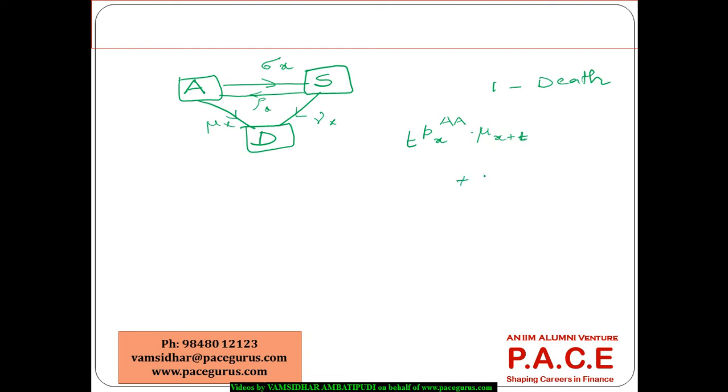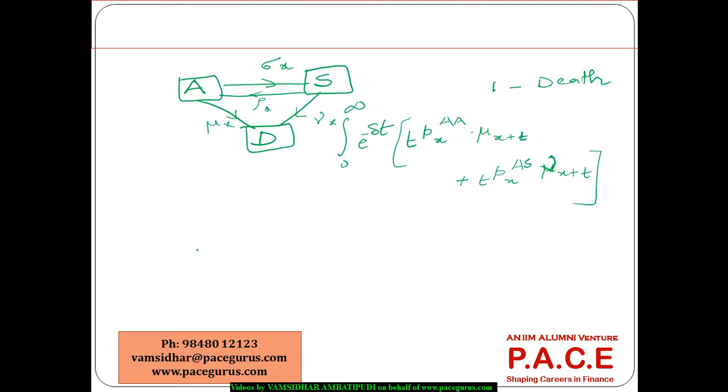Similarly, he has moved from state A to state S by the time he got to x plus t, and from the state S he died, so it is nu x plus t. Now this is the typical present value, because this is a probability and this is the intensity. So this is the expected value, and I find the present value of it by multiplying by e to the power of minus delta t. Integrate this over 0 to infinity, and that will give me the expected present value of the death benefit.